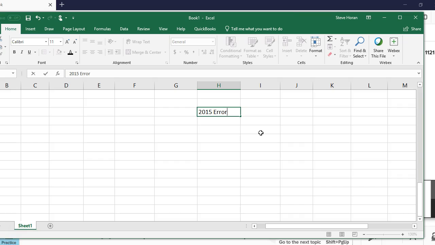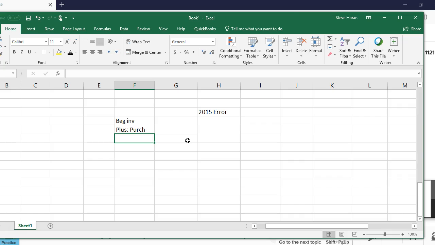For the 2015 error, we follow this pattern: beginning inventory plus purchases equals what we call the cost of goods available for sale, COGAS, less ending inventory equals cost of goods sold. That's how you have to think these through.